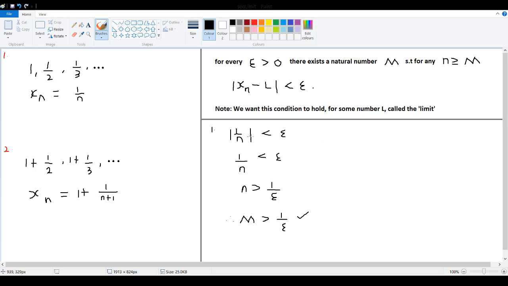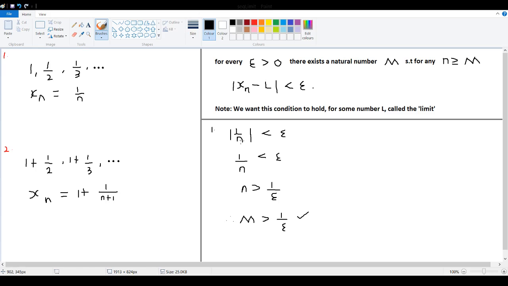Let's just make it a bit simpler. If we took epsilon to be a half, 0.5, then we'd be saying 1 over 0.5, which is 2. So we'd be looking at m greater than 2. So, for instance, m equals 3 or more would work. And then once n is at least 3 or more, we will have this condition.